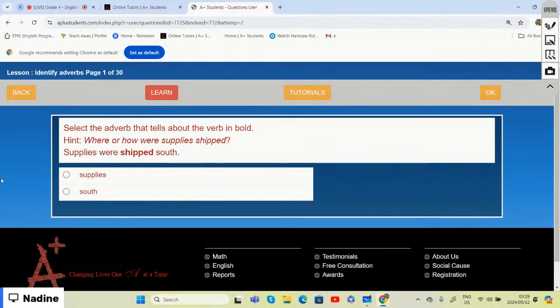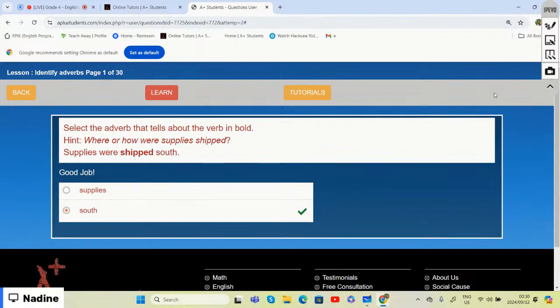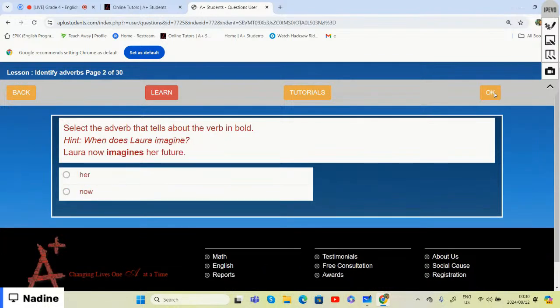All right. And if we were to select our answer, then yes, we can say the supplies were shipped south. So south is our adverb. So well done. South is correct.